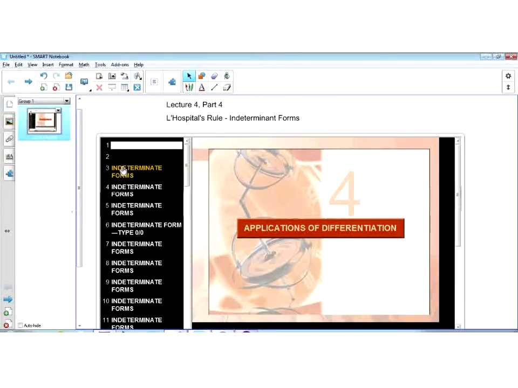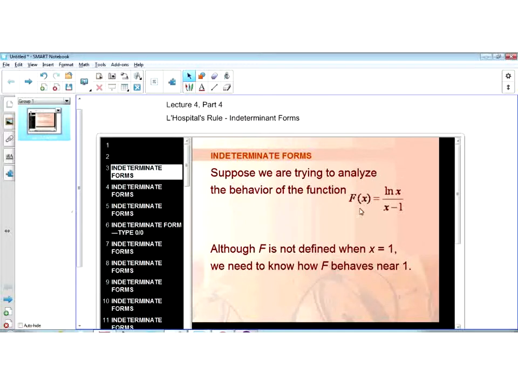Suppose we're trying to analyze the behavior of this function, f of x equals the natural log of x divided by x minus 1. This function is not defined at x equals 1, and we would like to know what the limit as x approaches 1 is for this function.